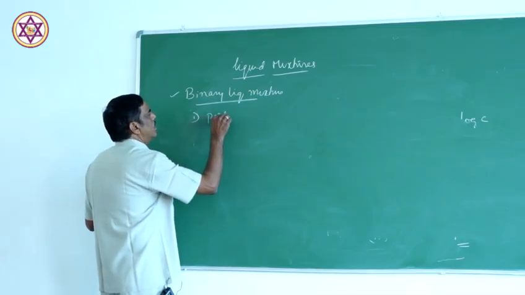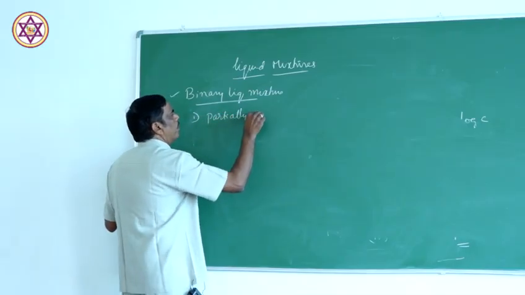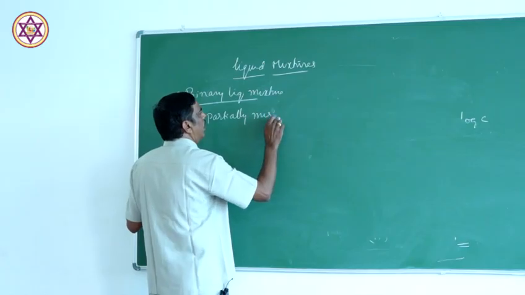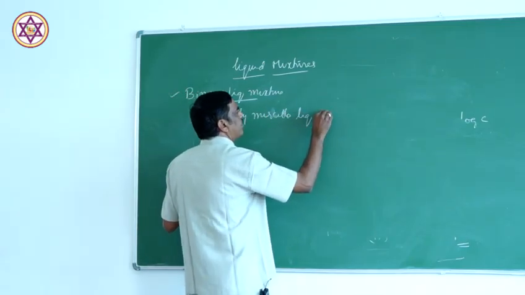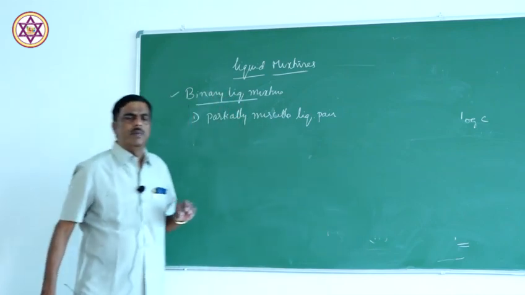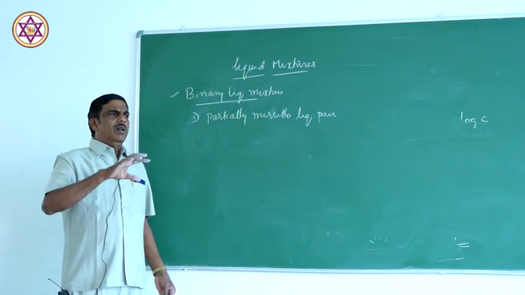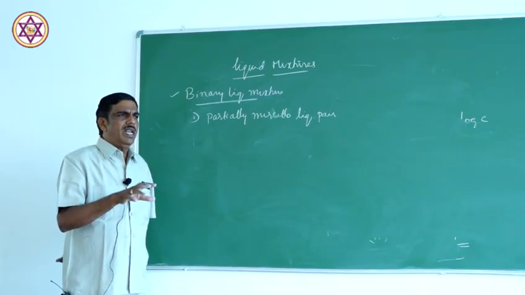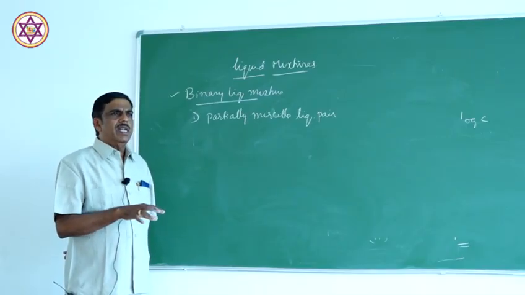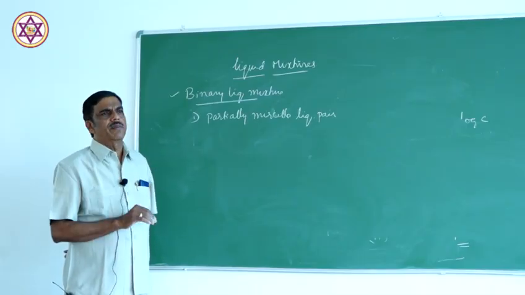as partially miscible liquid pairs. Partially miscible liquid pairs means the miscibility is partial at a given temperature and at a given composition.